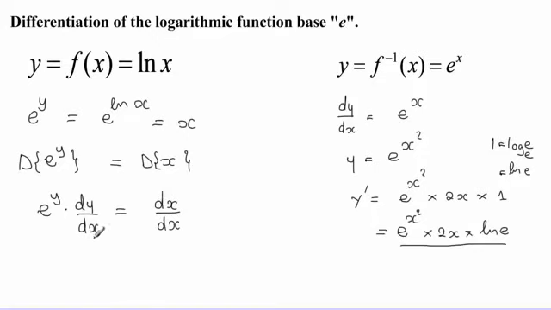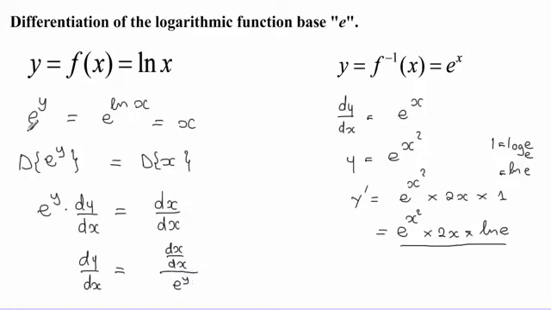So now check. Here we're targeting the derivative of y. We've got a placeholder here for the derivative of y, so we can make the derivative of y the subject by dividing both sides by e to the power y. So then we are going to have dy/dx equals dx/dx divided by e to the power y.